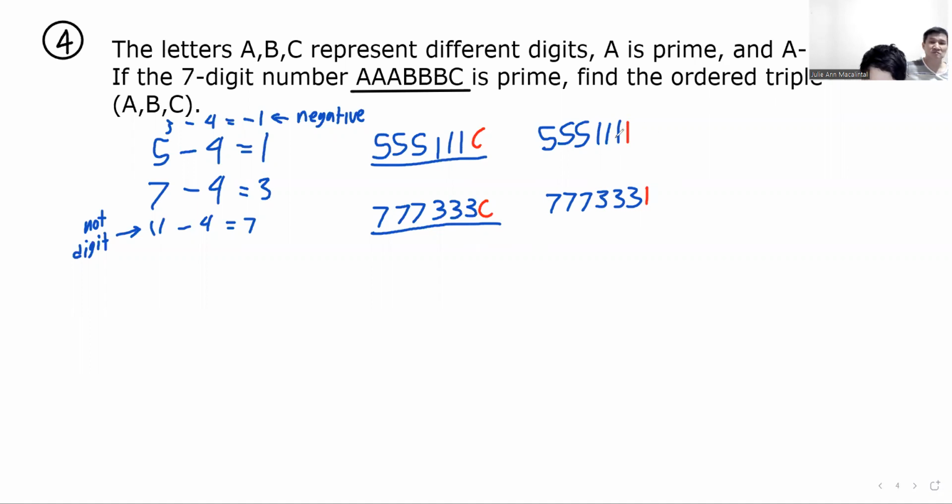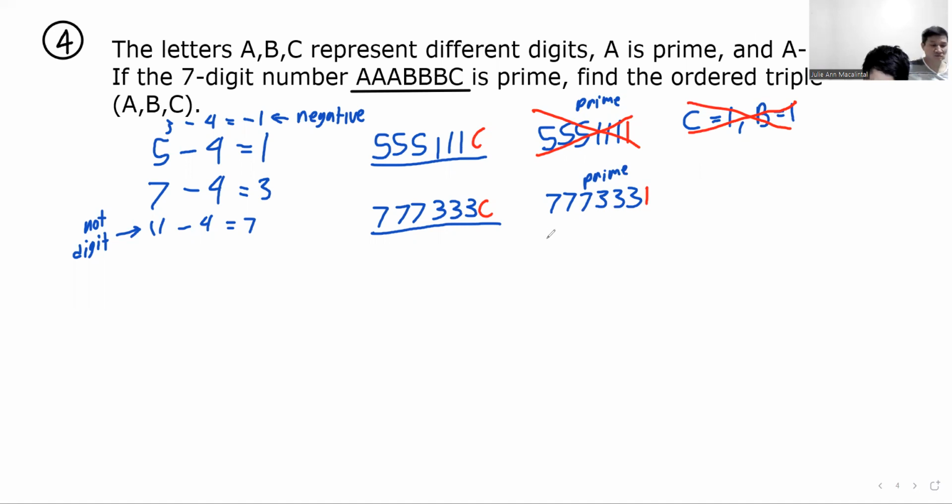So both of these are primes, but only one of them is the answer. Here, C is 1 and simultaneously B is also 1. But we can see in the problem that A, B, and C represent different digits. So this solution is wrong. Whereas here, they are all different digits.